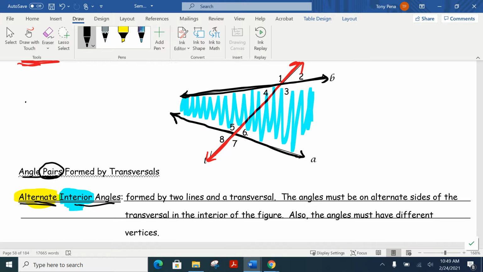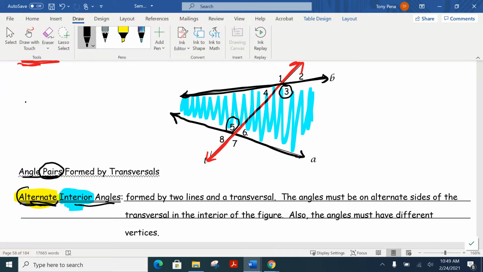What alternate now means is look at the red line. Look at the ones that are on the opposite sides. What we're going to call alternate interior angles here, notice how 3 is inside of those two lines, inside of the shaded region. 5 is inside of that blue shaded region. But notice how they're on opposite sides.